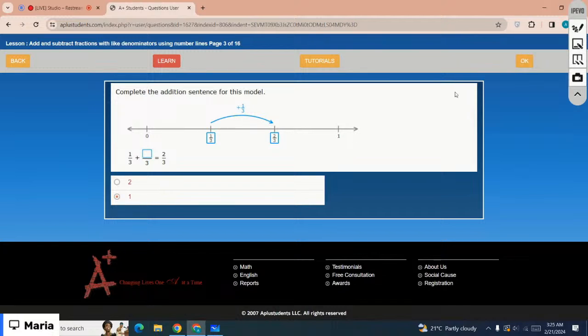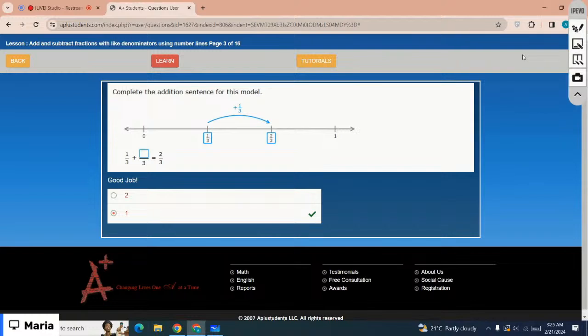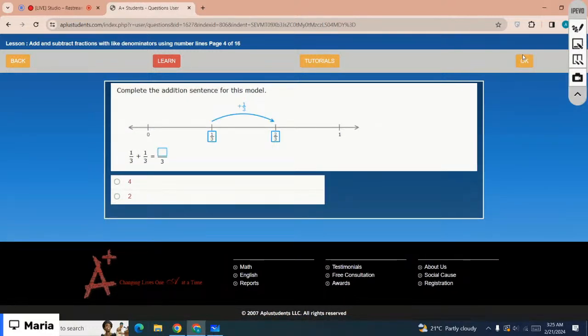The missing one is 1 over 3. The next one is complete the addition sentence for this model. 1 by 3 plus 1 by 3 equals. Yes, that is 2 over 3. The correct option is 2.